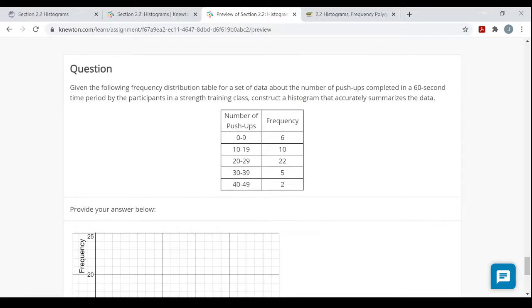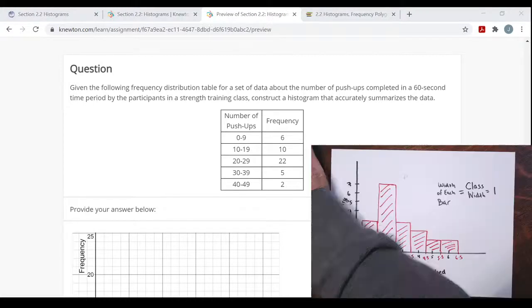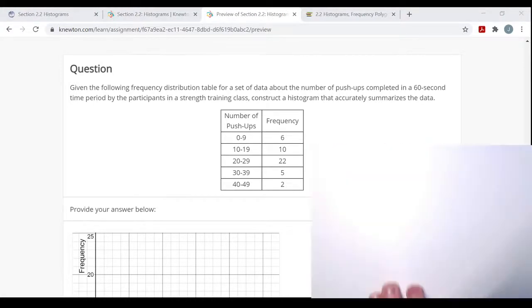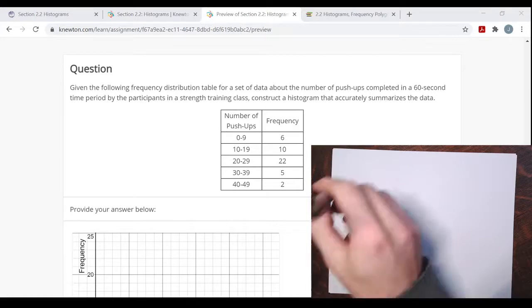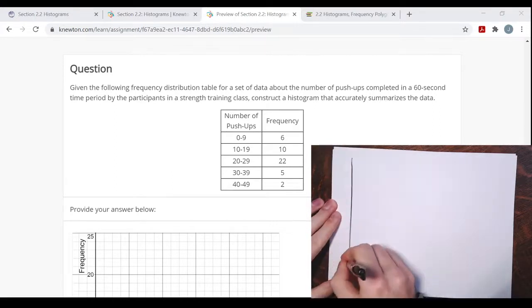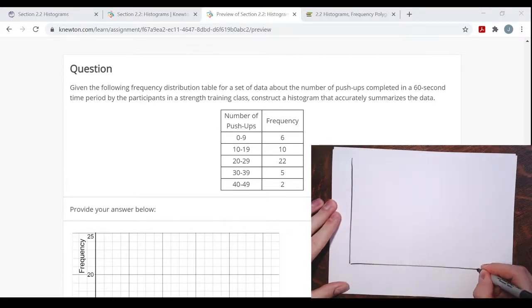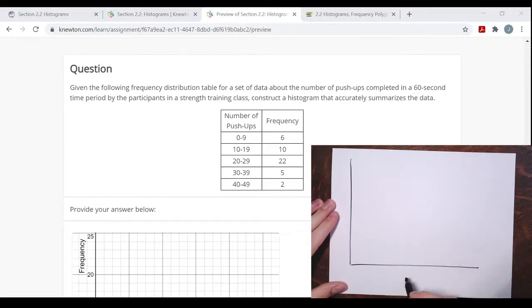All right, so again, let me pull this up here. Okay, so again, you have the 2 axes. I'll try to write big. The horizontal axis is going to be the actual data values, right? Because what they're recording is the number of push-ups completed in a 60-second time period. Then the second column was just frequency.